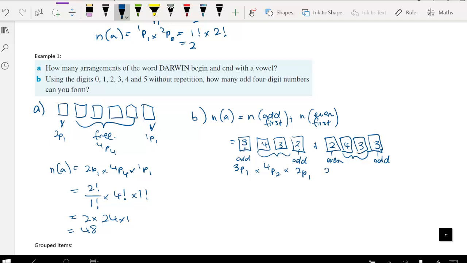So we've got 2p1, 3p1, and in the middle 4p2. So this would become 3 by 4 by 3 by 2, plus 2 by 3 by 4 by 3, which gives us 72 and 72, and we have 144 different possibilities.